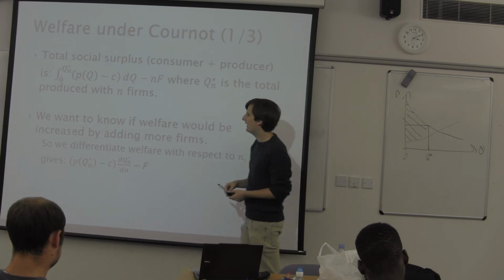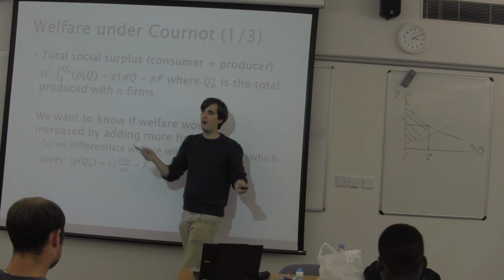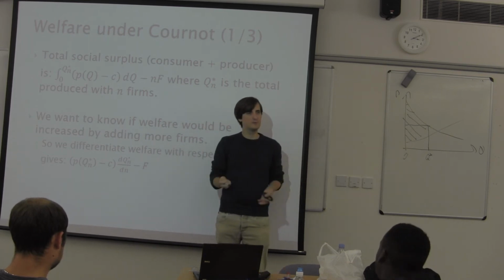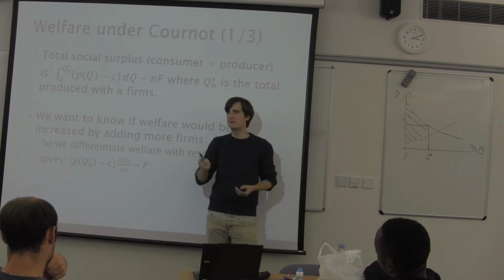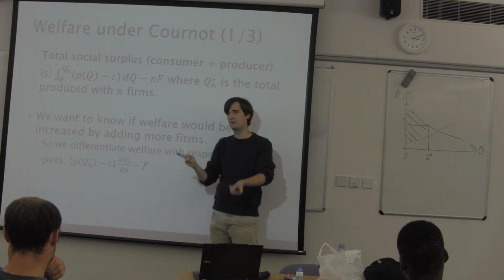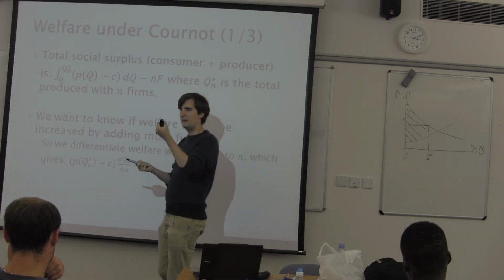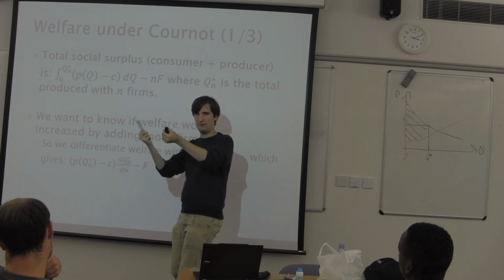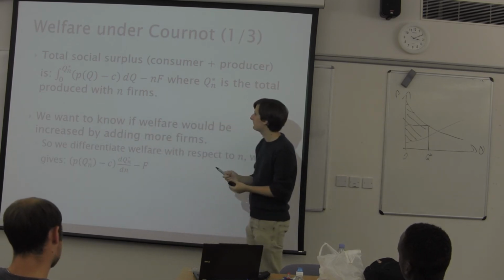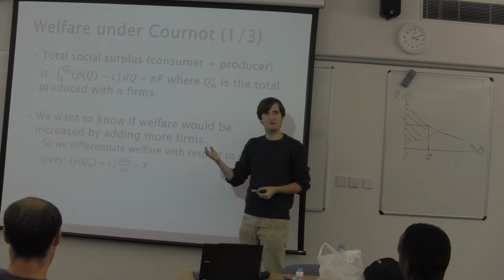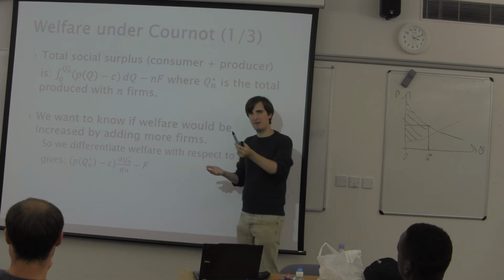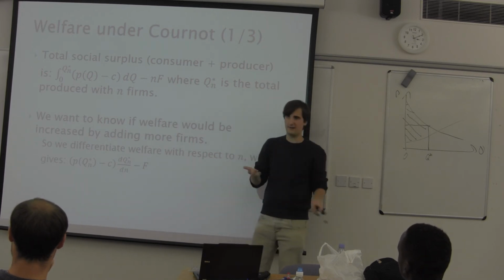So what we want to know is, let's suppose that we leave the industry alone. Firms decide whether or not to enter the industry, until the profits from entering reach the costs of entering. We want to know if the government should step into that industry and encourage more firms to enter or discourage firms from entering.